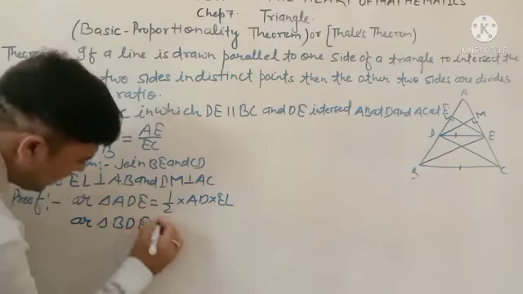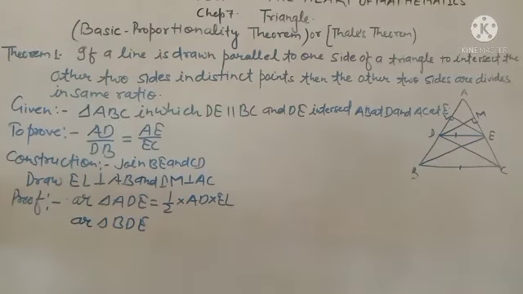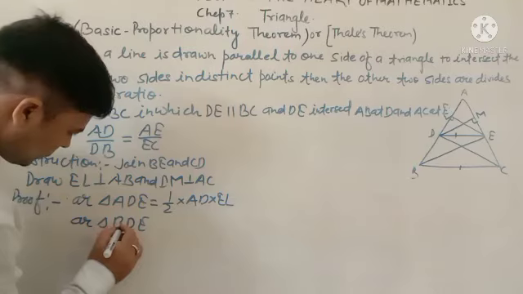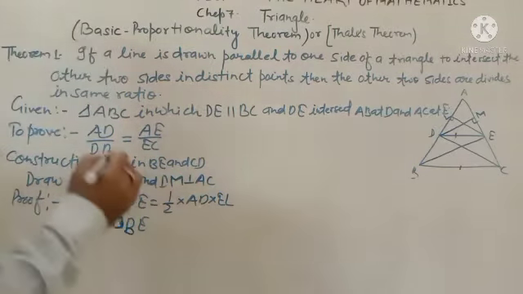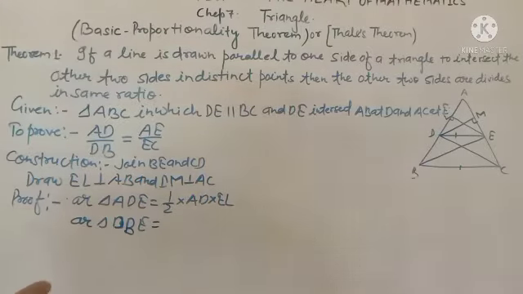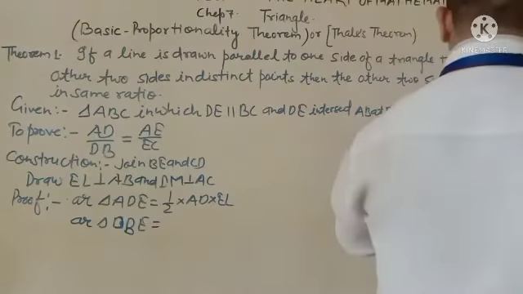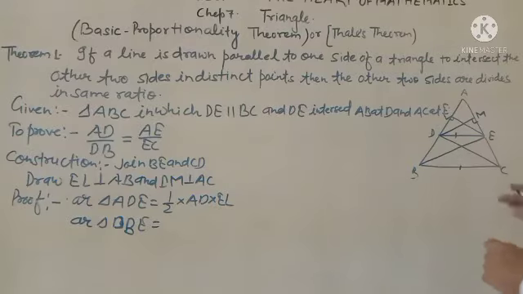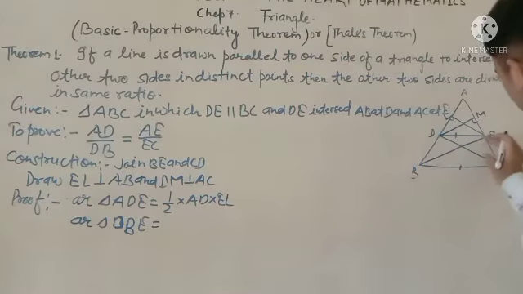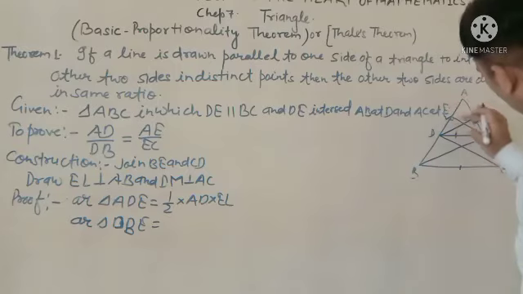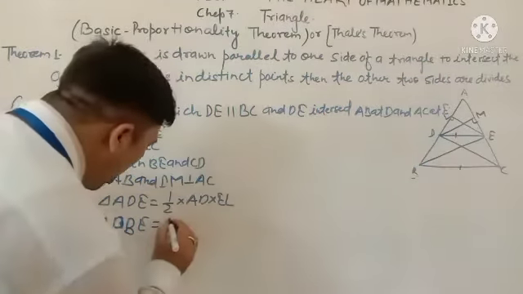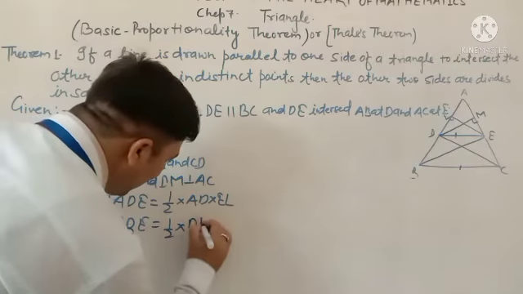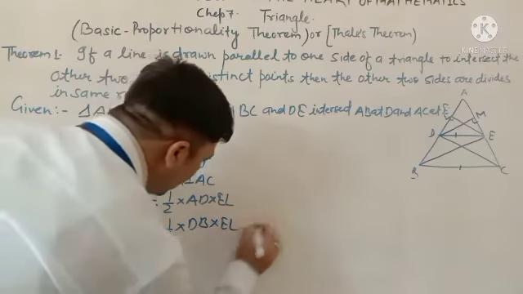Now area of triangle DBE. DB is the base and its perpendicular is EL. Means it is also half DB into EL.